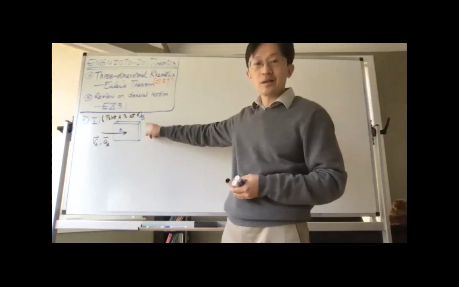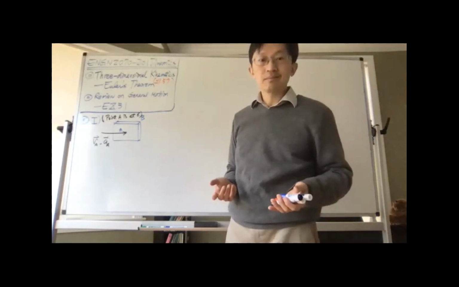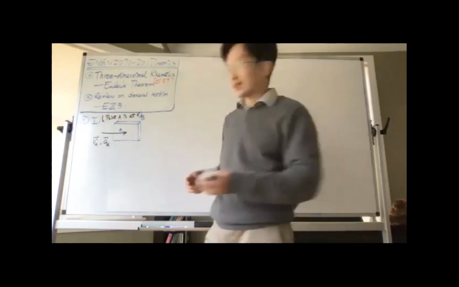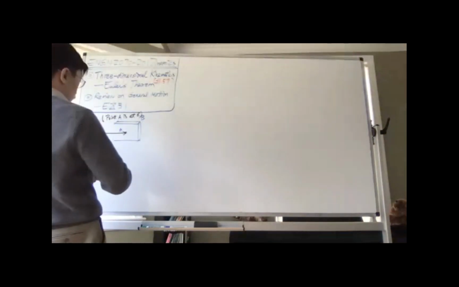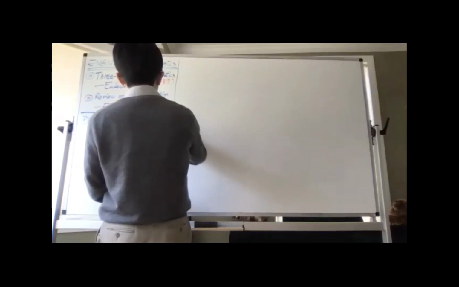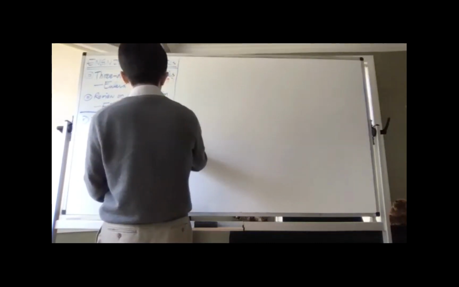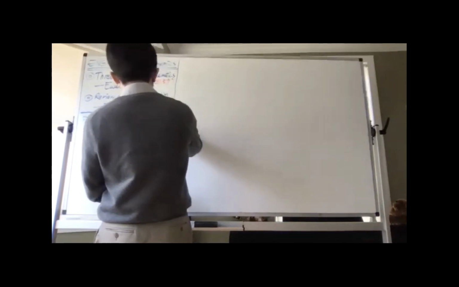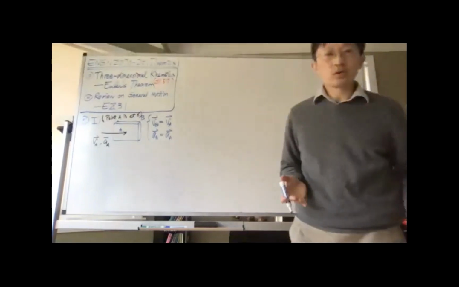In this case, it's the same, right? So from here, we know that VB is just VA. AB is just AA. When there is no angular motion, linear motion.